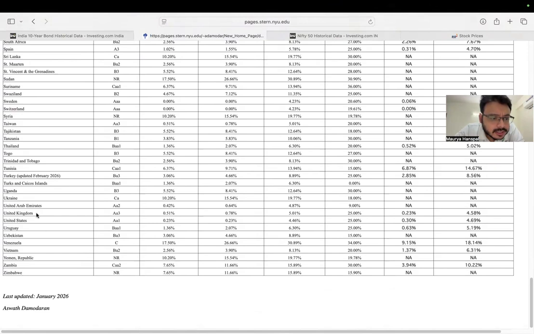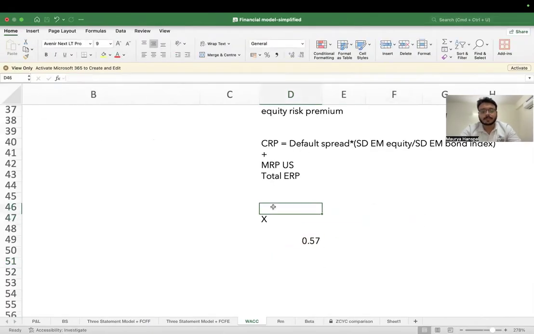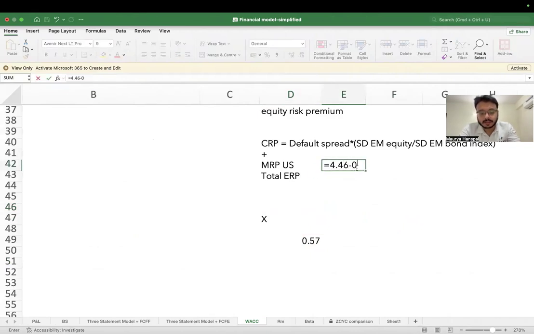United States, is that the last? 4.46. I will subtract my default spread from it. So 4.46 minus 0.23. So in this case, my MRP is equal to 4.46 minus 0.23. 4.23 becomes my adjusted MRP for US.